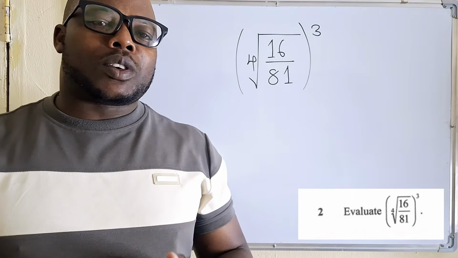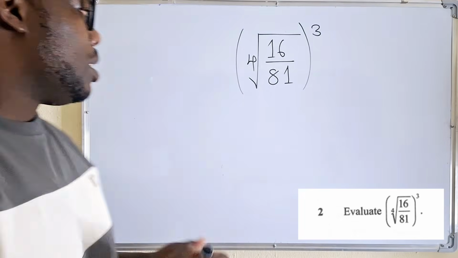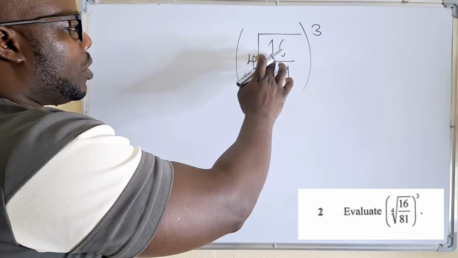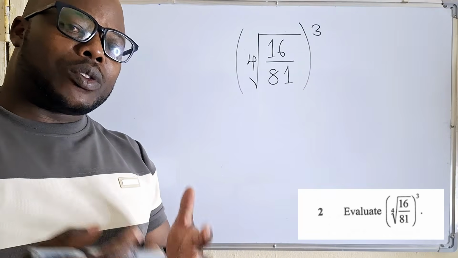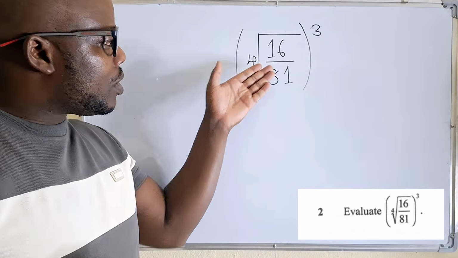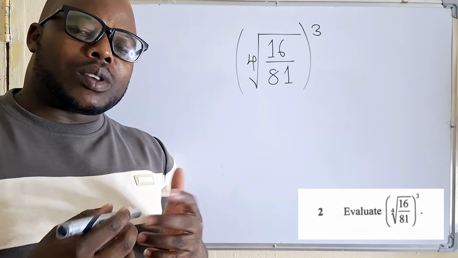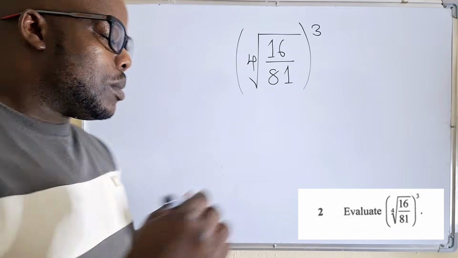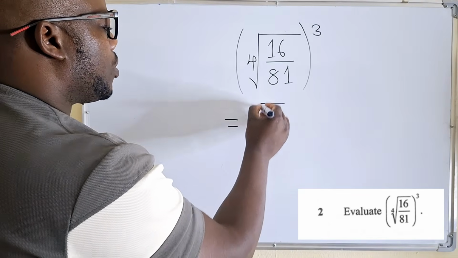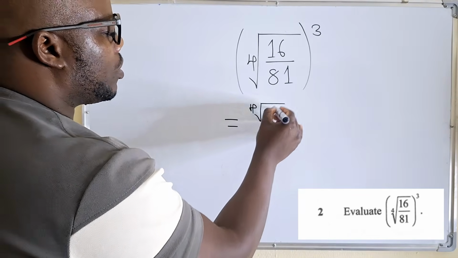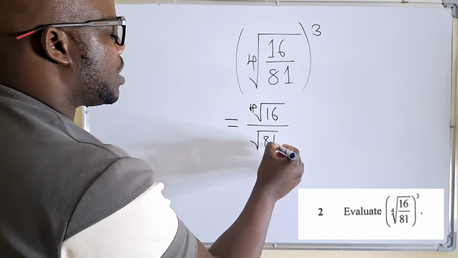All right, so for question 2, we've been asked to evaluate the fourth root of 16 over 81 raised to power 3. So here, without wasting our time, we're going to say equal to the fourth root of 16 over the fourth root of 81.